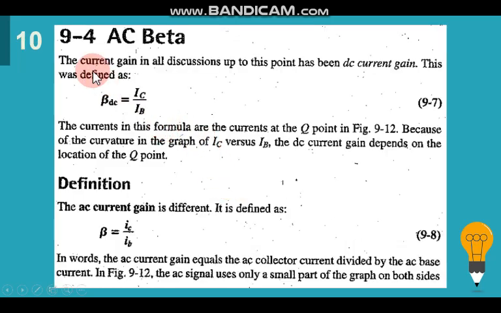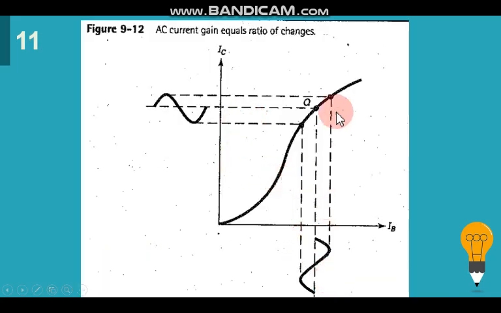Now comes the next topic, AC beta. Till now we have discussed the DC beta, that is DC IC upon DC IB, that is both the DC currents. Definition of AC beta will be AC current ic and AC current ib. This is the graph of Q point.